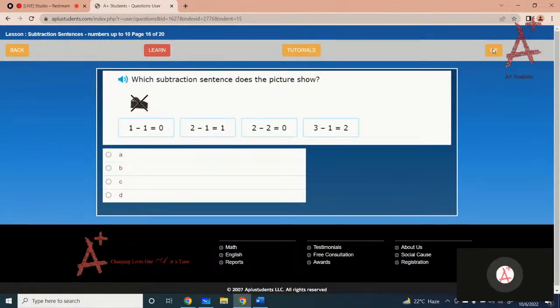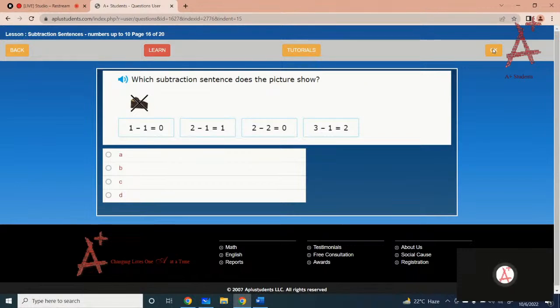Okay, which subtraction sentence does the picture show? You have 1, and 1 out of 1 is crossed out.